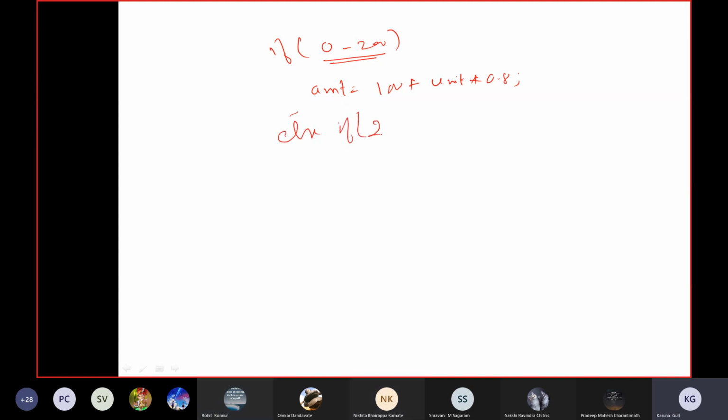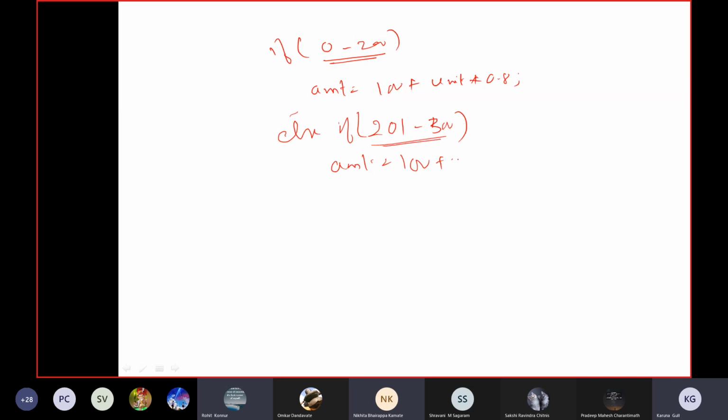For else if, I shall write the range as 201 to 300. Correct? Now what is the amount that you are supposed to calculate here? 100 plus unit into 0.9, ma'am. So that is not going to work here, because it is 200 to 300 here.